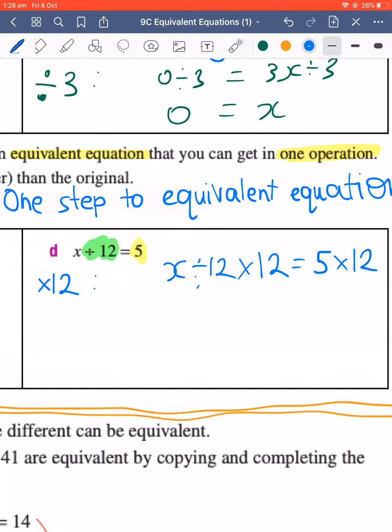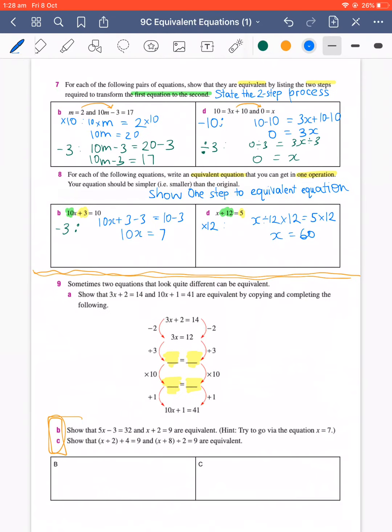So again, these two will cancel each other out, and I end up with x by itself. And 5 times 12 gives me 60. Okay, that's not looking too bad, but apparently we wanted it to be smaller. So that might be a bit hard, but I think that one's actually a correct answer.